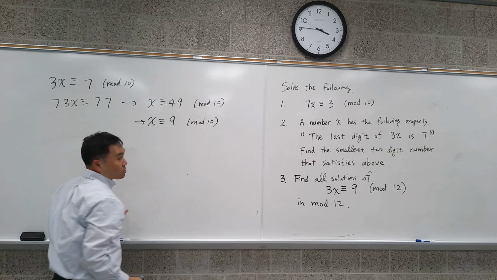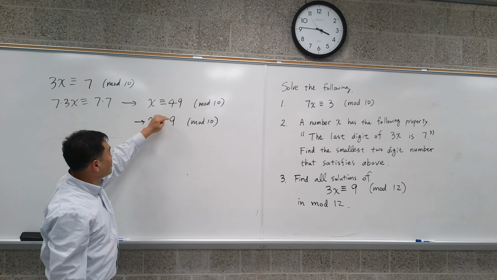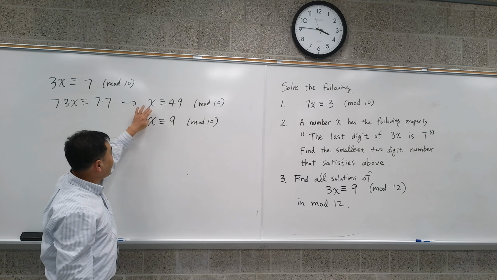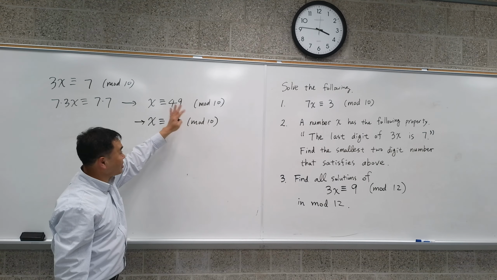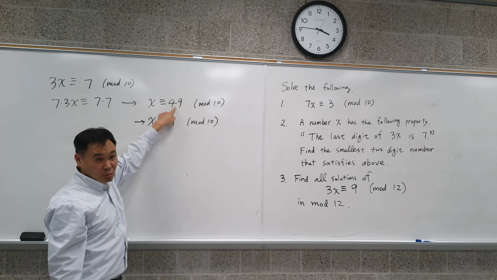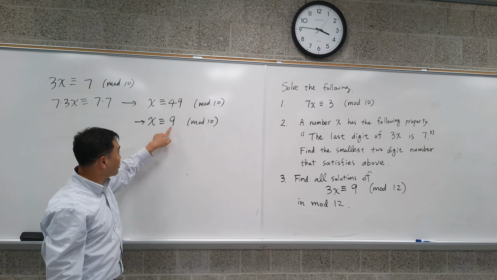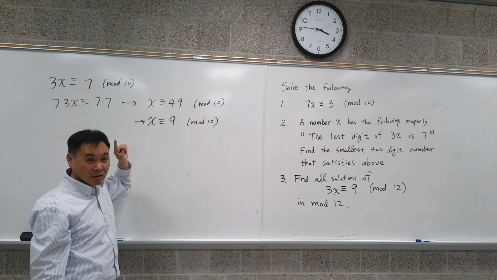Remember, when two things are congruent mod 10, it means that if you divide x by 10 and get a remainder, and if you divide 49 by 10 and get a remainder, those two remainders are the same. And because this one has a remainder of 9 after dividing by 10, that means x is congruent to 9 as well. Is that good?